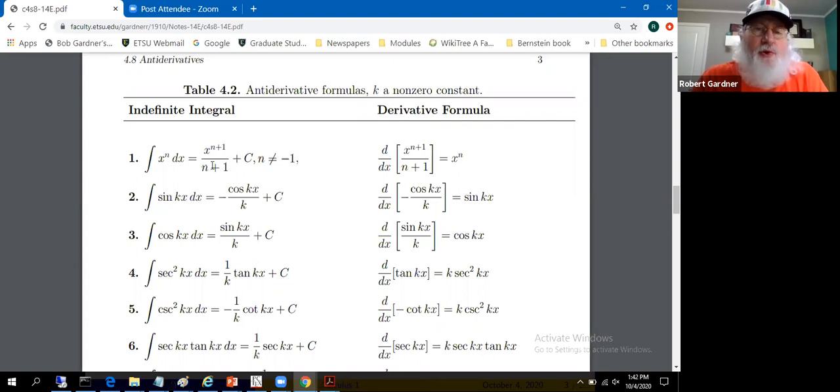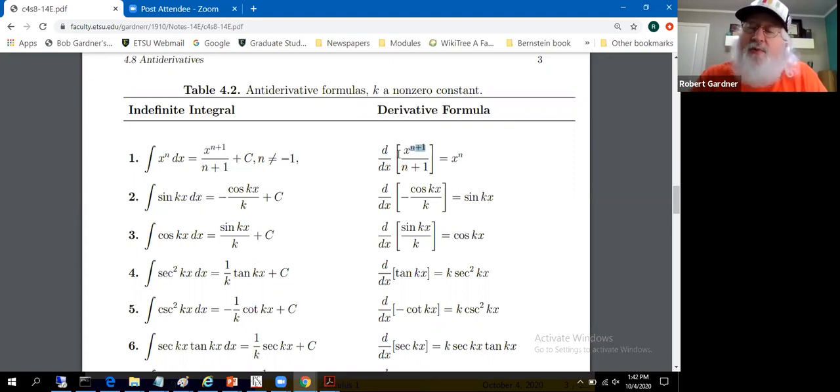Why is this true? Because if we differentiate this, forget the plus c, take an alleged antiderivative, take this, differentiate it, and it'll produce that. Yeah, if you differentiate x to the n plus 1 divided by n plus 1, you'll get x to the n back. Right, the exponent would come down as a coefficient.